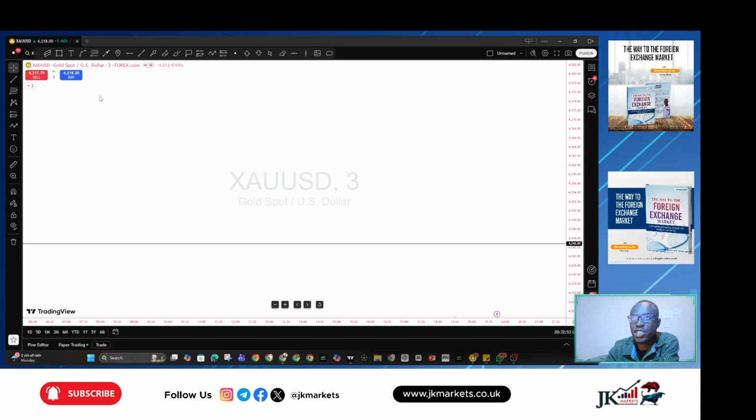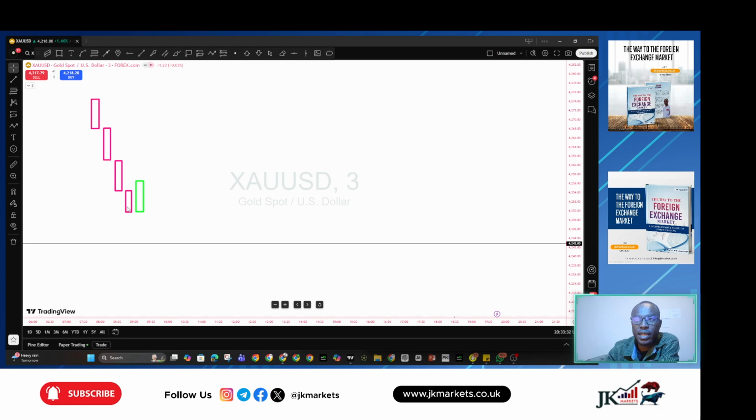Say the pair is trending down like this, and then all of a sudden you see a candlestick like this that engulfs the previous candle. Then we will say that this is a bullish engulfing candlestick.